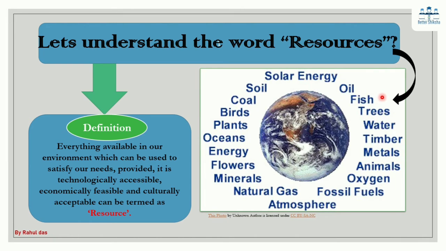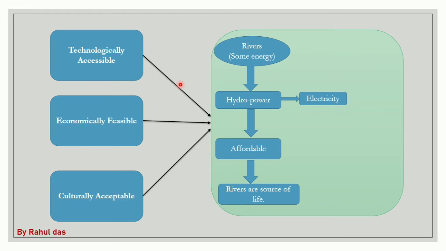The terms technologically accessible, economically feasible, and culturally acceptable will be explained in this slide. With this example, I'll explain the meaning of these three words in the definition of resources.